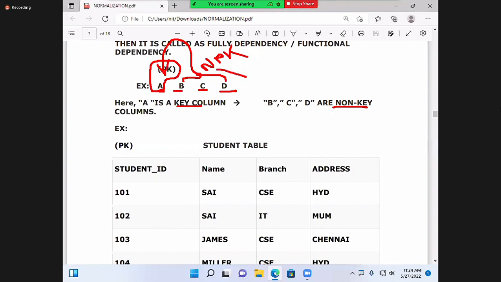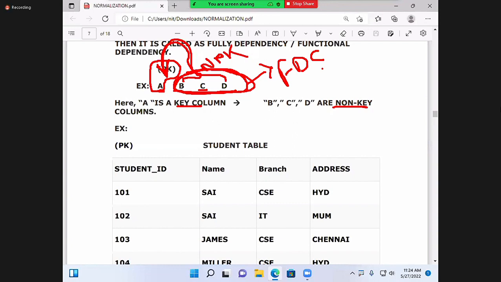That means all these non-primary key columns depend on the primary key column. Then it is called fully dependent columns or a fully dependent table. Because how many columns in total? Four columns in my table. Suppose you have 100 columns in your table.